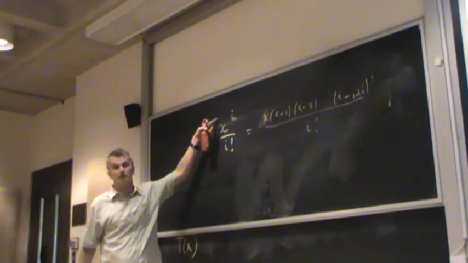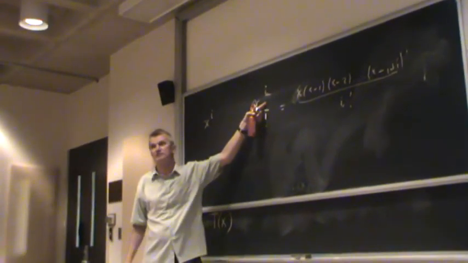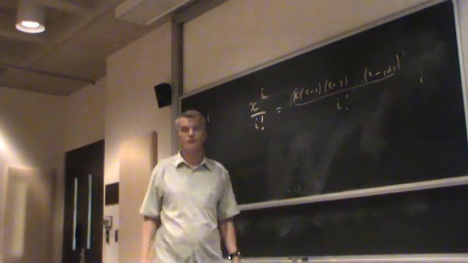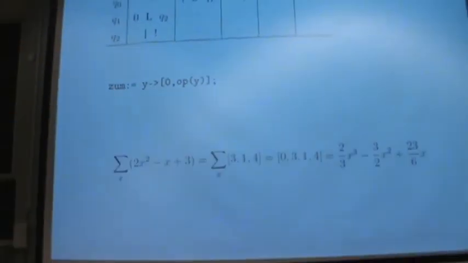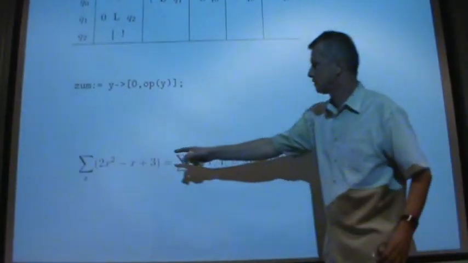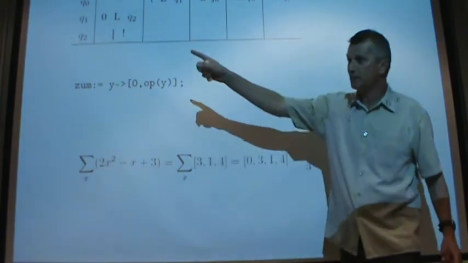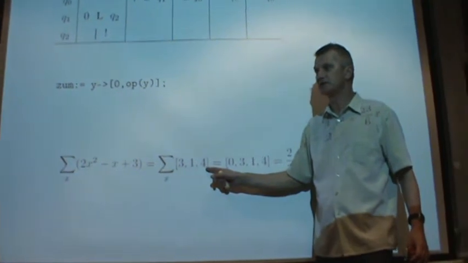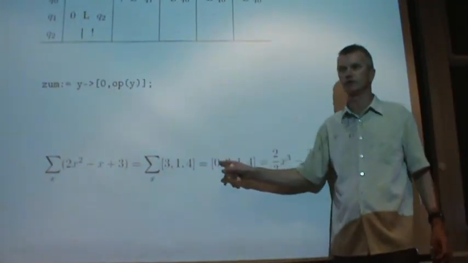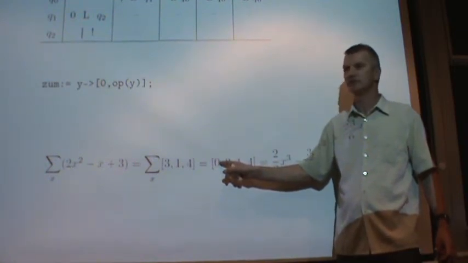If instead of x to the i we take this basis, so we are given a polynomial written in that falling factorial basis, then summation is trivial. You just insert 0 in front. That's it. Yeah, you just insert 0 in front.